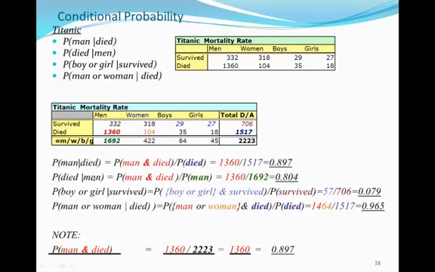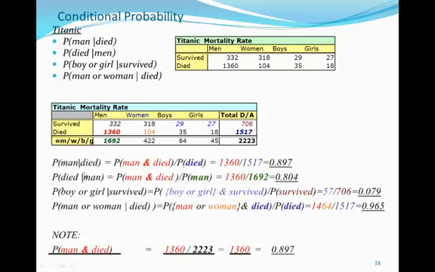So the conditional probability of man given that died: we apply the formula. Probability of man and died is 1360 over 2223. Probability of people who died is 1517 over 2223. So the probability is equal to 1360 over 1517, which is 0.897.